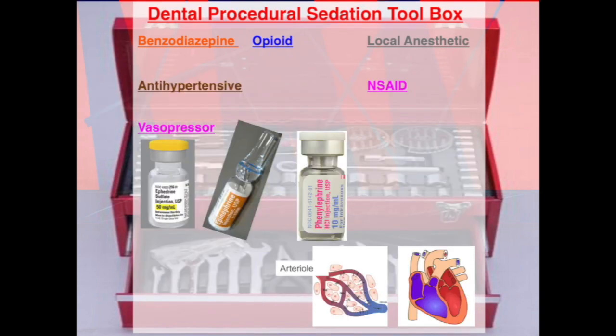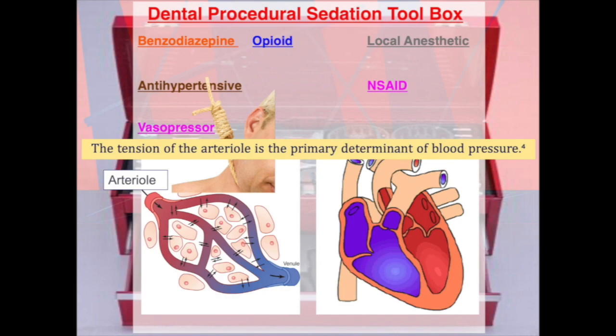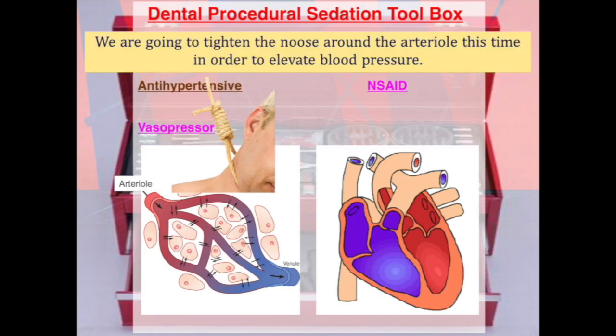So some of the vasopressors that we primarily use in sedation dentistry are going to be ephedrine, epinephrine, and phenylephrine. So if we look at the arterial again, you're going to know that if you apply tension to that arterial with one of the medications, any of the three primary ones that we use in sedation dentistry, again, the ephedrine, epinephrine, and phenylephrine, it's going to tighten that noose, so you're going to increase blood pressure.